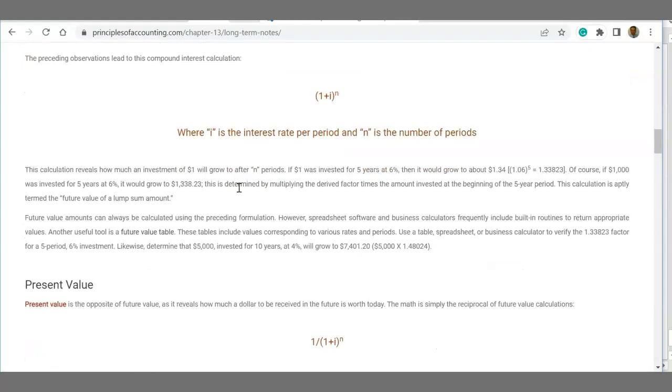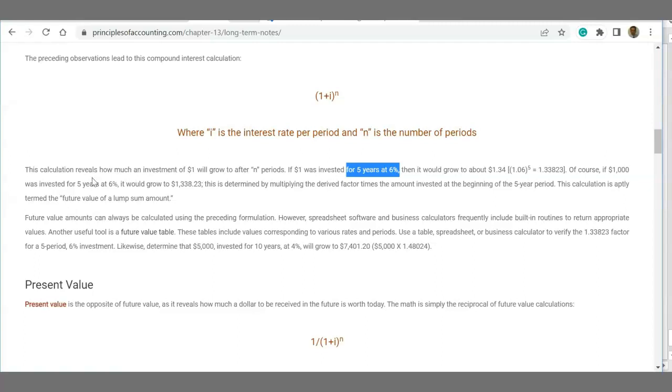Let's say here gives you an example. Here says $1 with interest rate of 6%, invested for 5 years. It will grow to become $1.34.